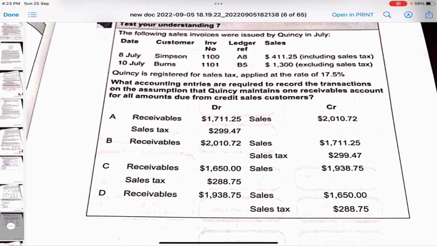What is the answer here? A, B, C or D? Read the question again.